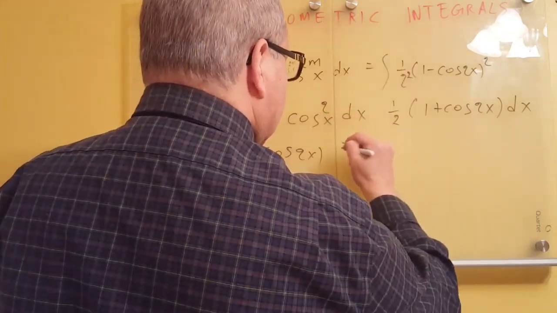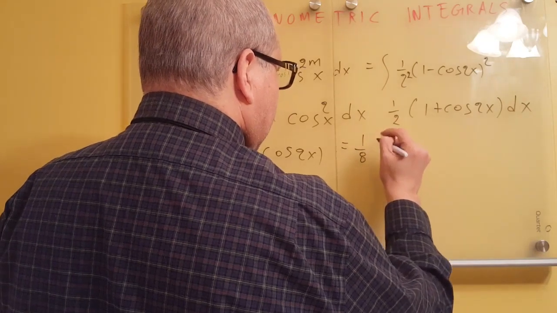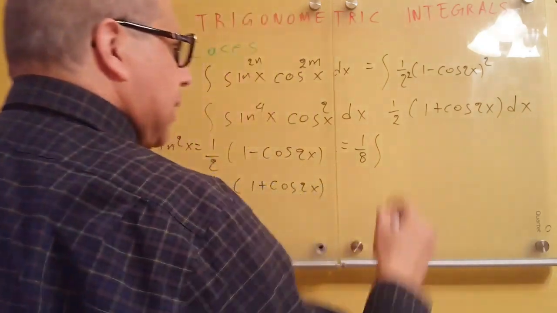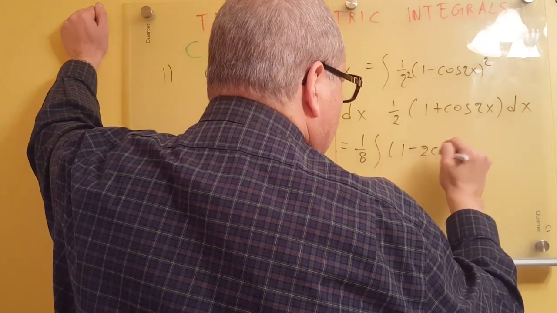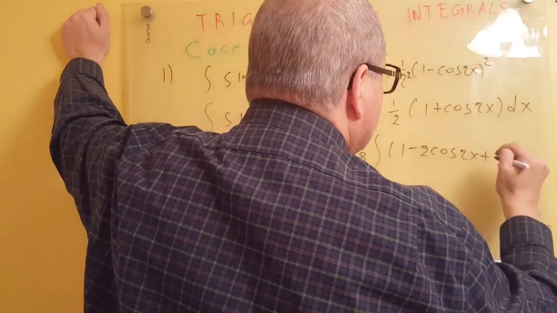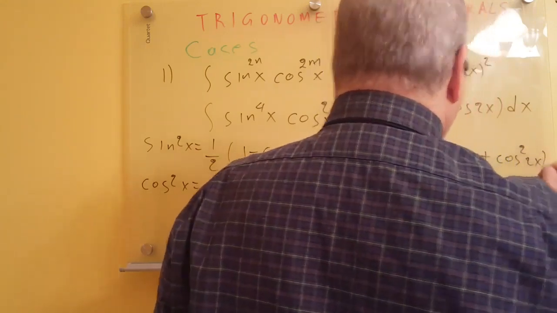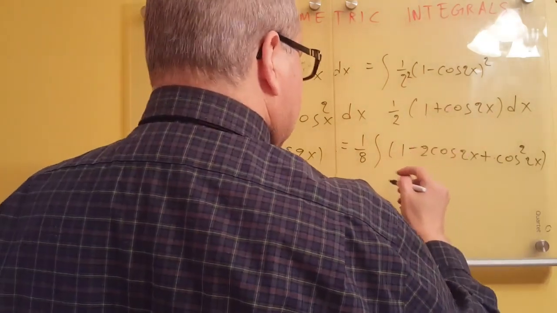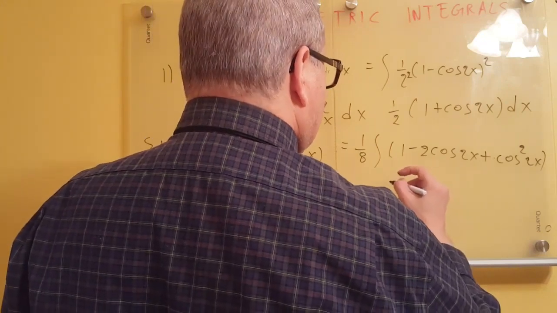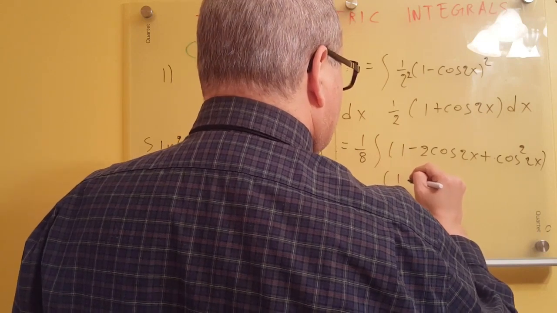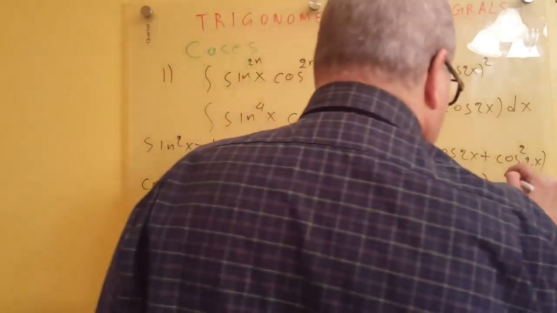So you take this 1/8 outside of the integral, and now inside the integral, if you expand this here, it will be 1 minus 2 cos 2x plus cos square 2x, and then of course you have to multiply times this here, so that should be (1 plus cos 2x) dx.